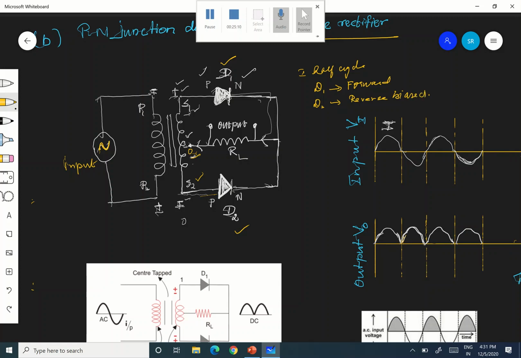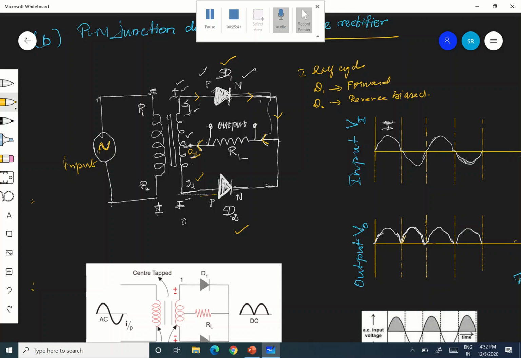Therefore D1 will conduct but D2 will not conduct, because both are ideal diodes. Because D1 is conducting, the current through the load will be from right to left.